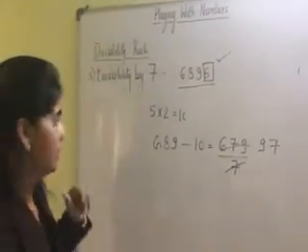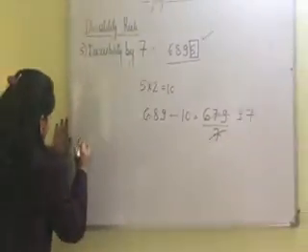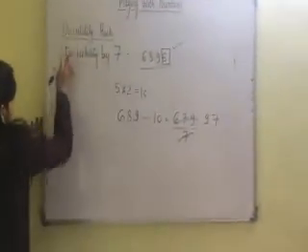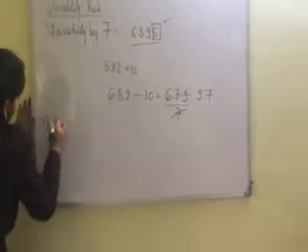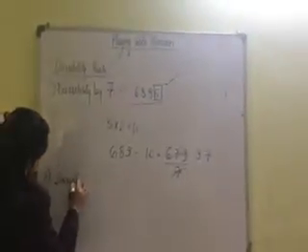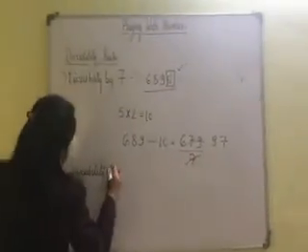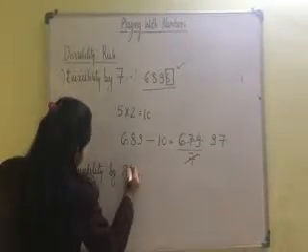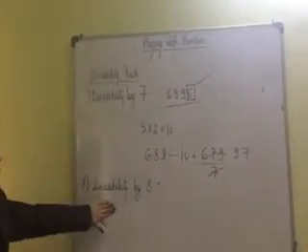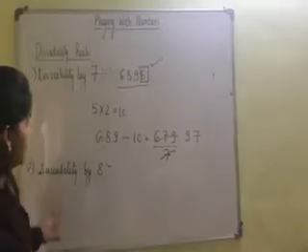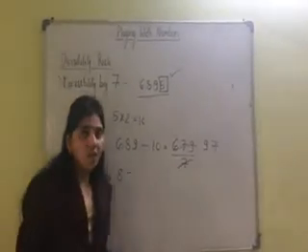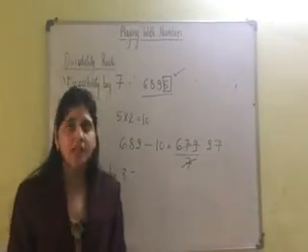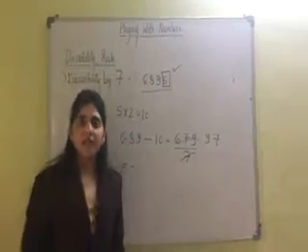Now, next is divisibility by 8. If the last 3 digits are divisible by 8, then the number is divisible by 8.